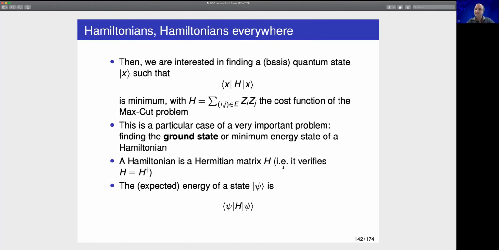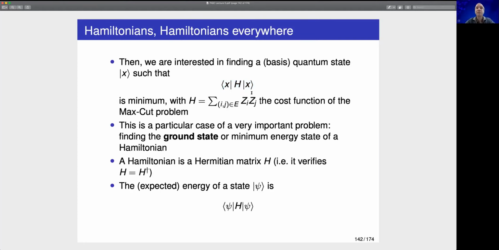Okay, this is something that the physicists know very well. In fact, this matrix here is what we call a Hamiltonian. This is a Hermitian matrix. And what we are doing here is computing this value, which is sometimes called the expected energy or expected value of the state with this Hamiltonian.